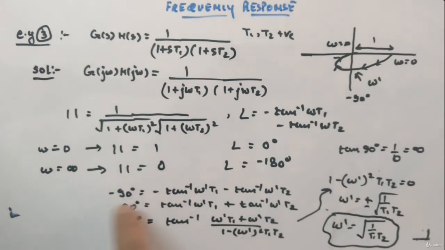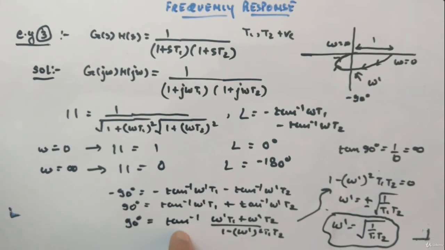If you solve it, minus and minus will get cancelled. 90 degree is equal to tan inverse omega dash T1 plus tan inverse omega dash T2. This will come out to be 90 degree is equal to tan inverse of (omega dash T1 plus omega dash T2) divided by (1 minus omega dash square T1 T2). I have applied the formula for tan inverse a plus tan inverse b, it's trigonometry.